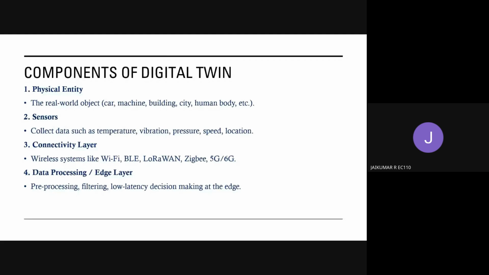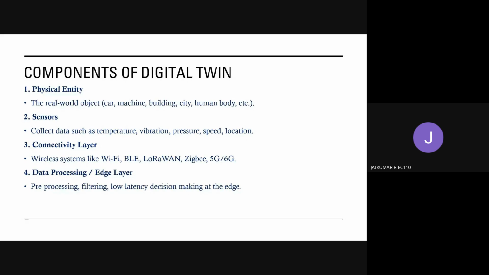As I told, digital twin is an extended version of IoT technology. Now we can see the components of digital twins. As I told, the first one is a physical entity, the physical entity or machine. The machine may be a simple machine or a complex machine.